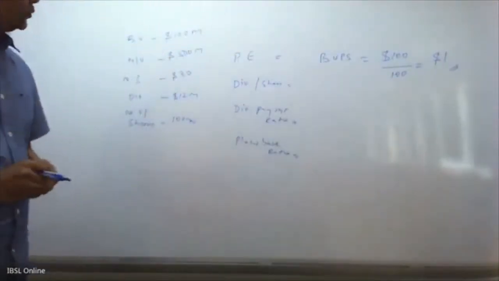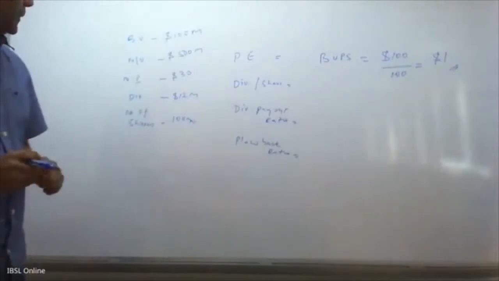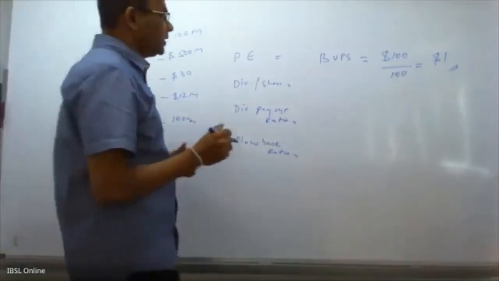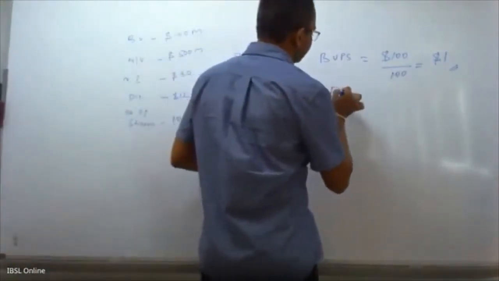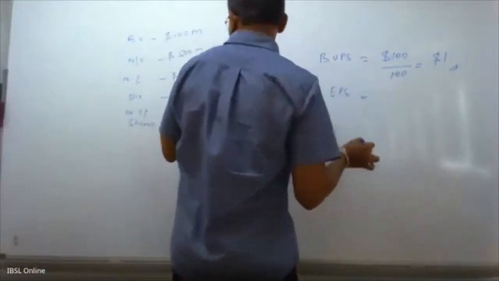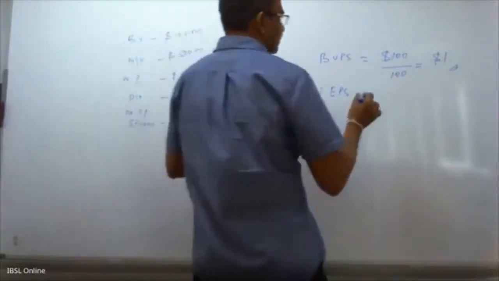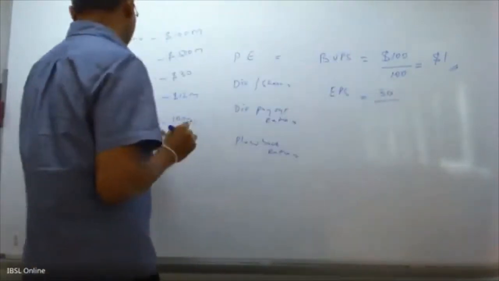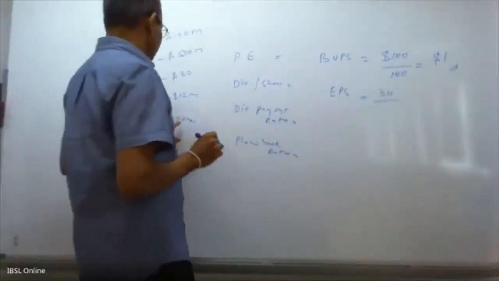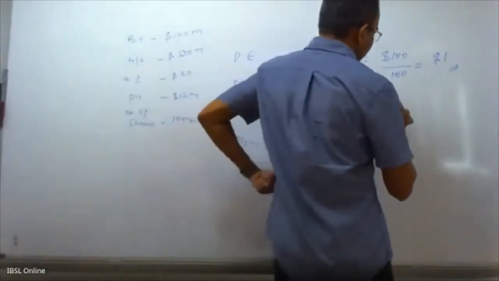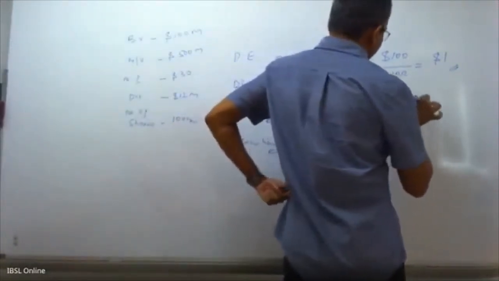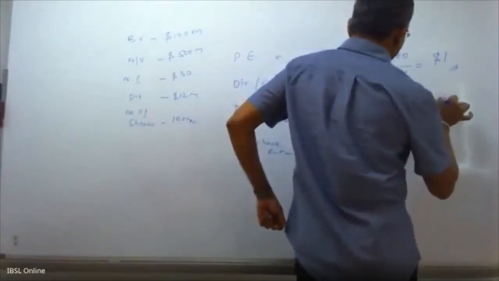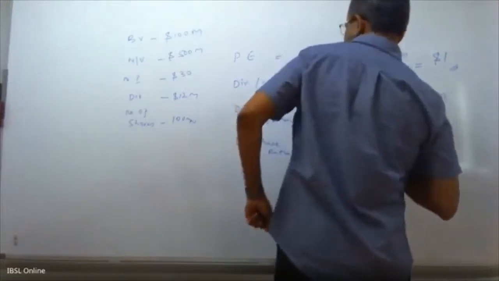Then the P/E ratio: you need to find out the earning per share. Earning per share is your net earnings of 30 divided by your number of shares, 100. About 0.33. Right, earning per share.